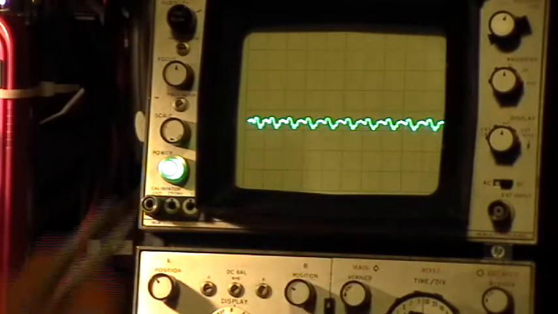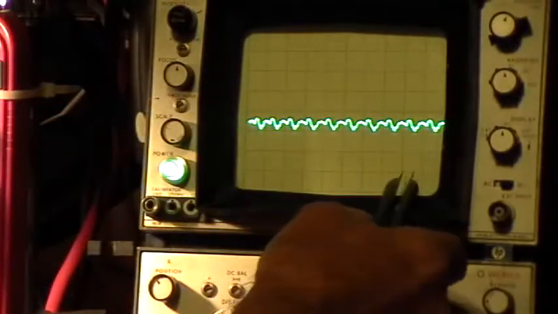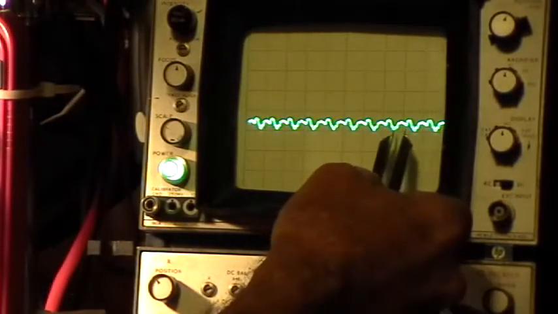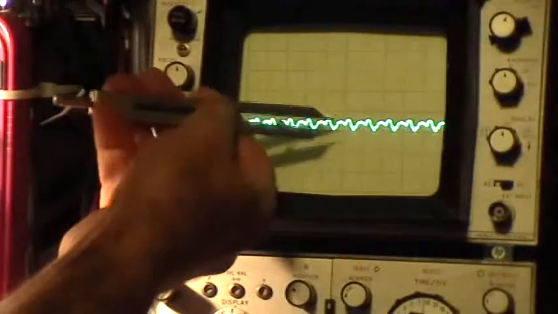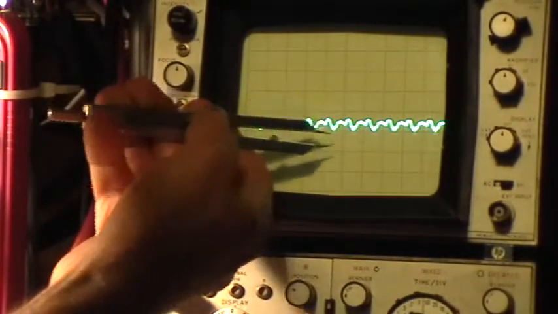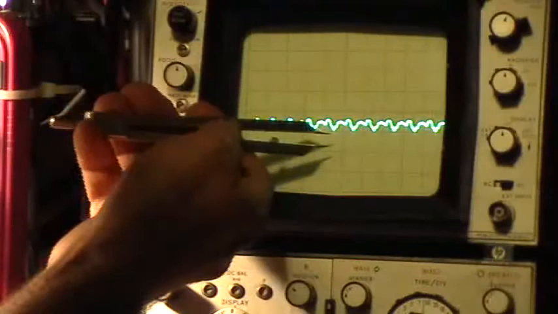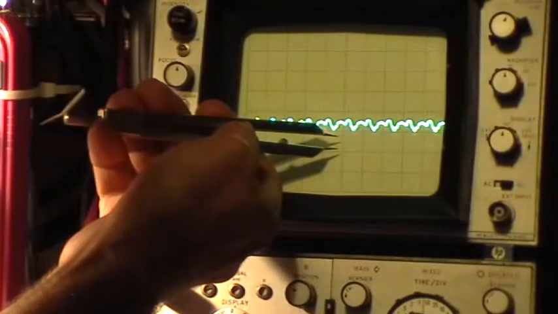Okay, 5 volts per division now, and so there we're at 5, 10, 12, right? And the peak-to-peak amplitude of those oscillations is now 6/10 of a major division at 5 volts per division, so that's 3 volts.